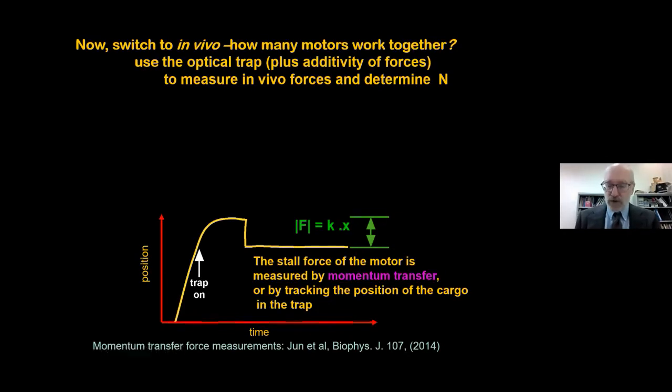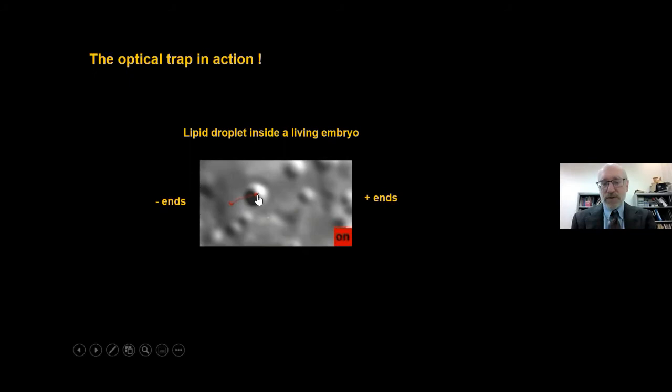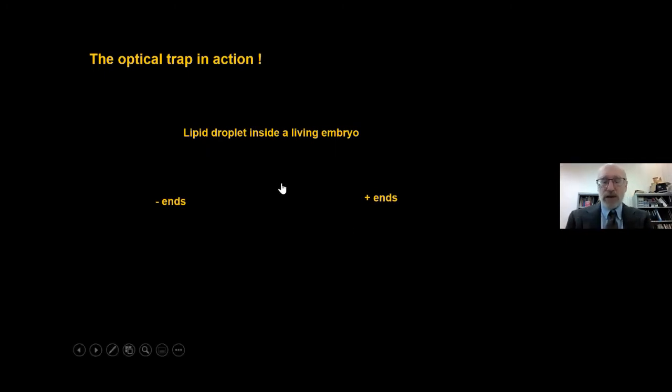So you can measure the forces, and here's an example of that. Here's an optical trap measuring on a lipid droplet. We had it turned off, and now we turn it on, and we stall the lipid droplet. It tries for a couple of attempts, then we turn it off, we let it go again, then we turn it on. And so we're making repeated stalling measurements.